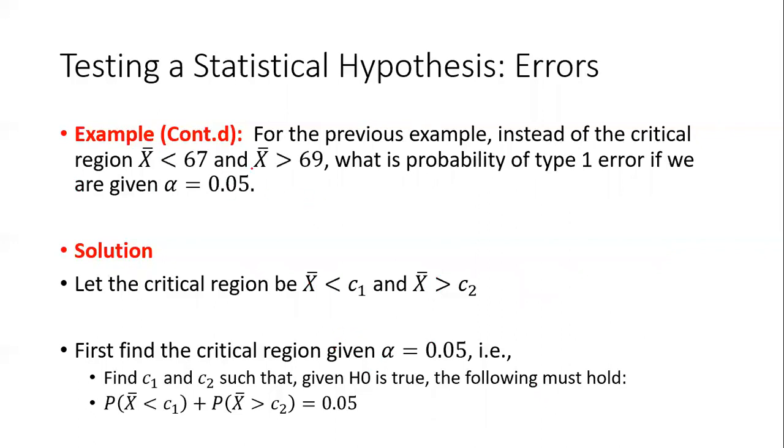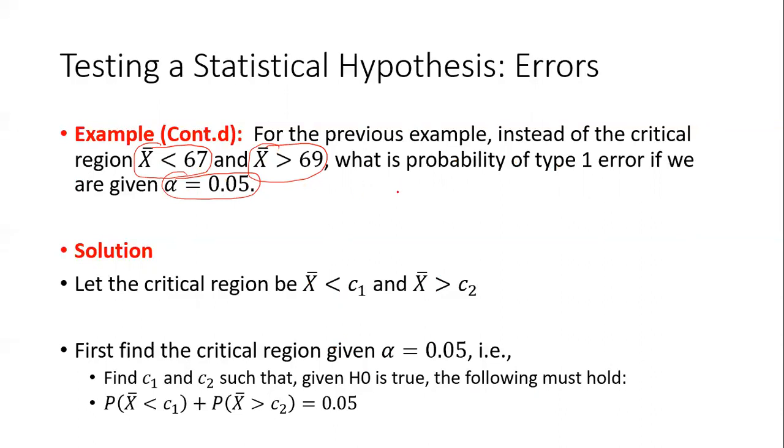Okay. So for the previous example, recall that we said the critical region is x bar is smaller than 67 and x bar is greater than 69. So instead of this, assume that we are given alpha. In the previous question, we were given the critical region directly, not alpha.